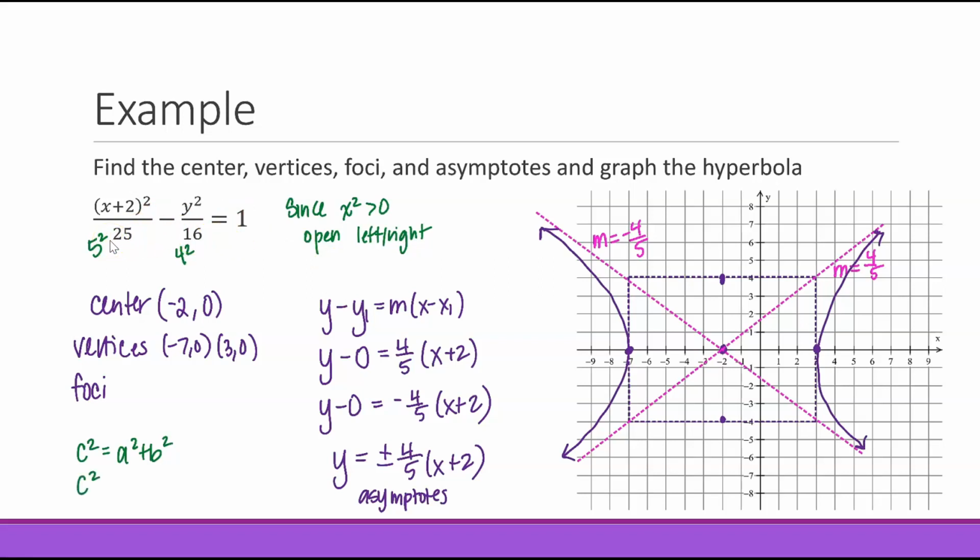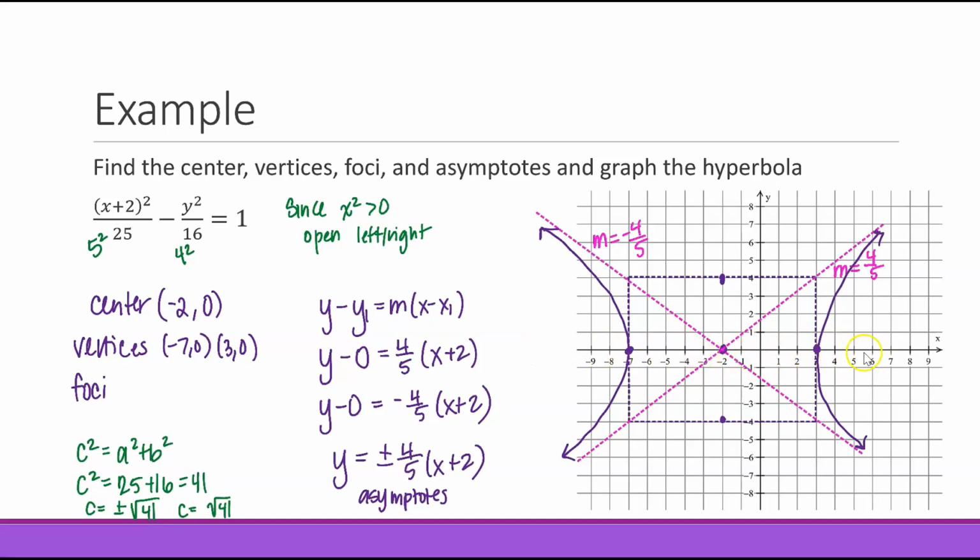We're going to have c squared equals 25 plus 16, which is 41. So c is plus or minus radical 41. And that's the distance that I'm going to add from the center along the x-axis. I'm going to go horizontally.